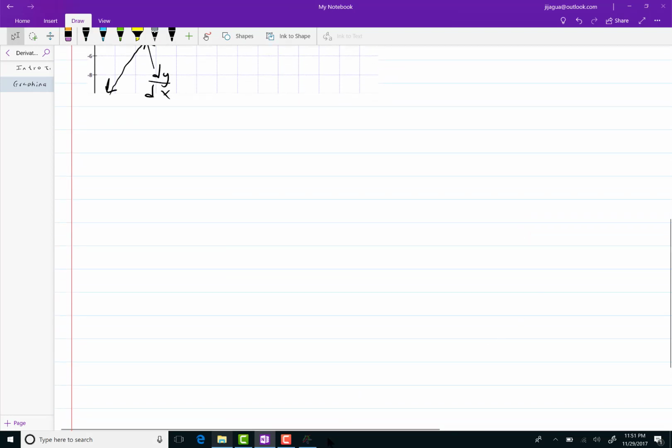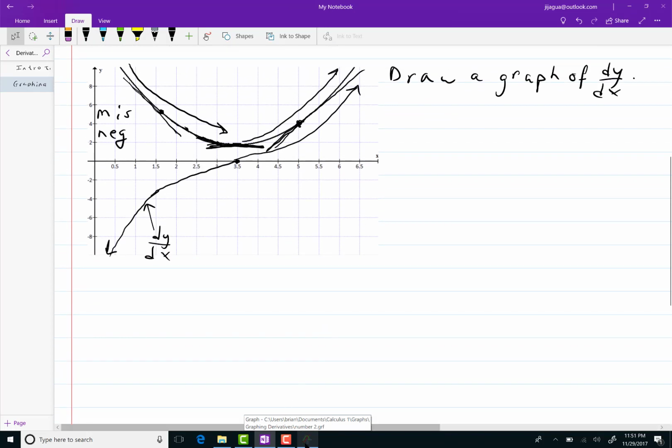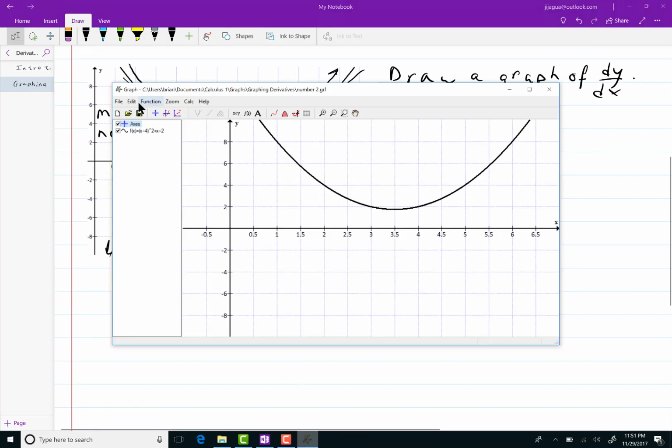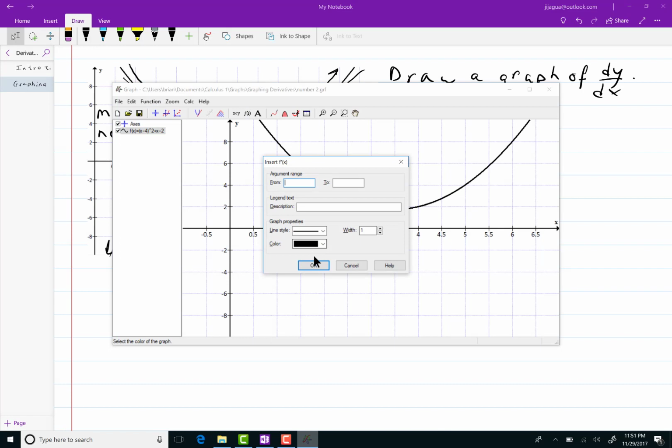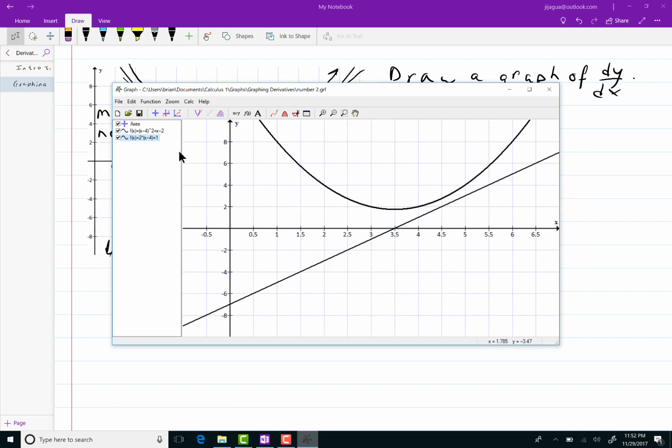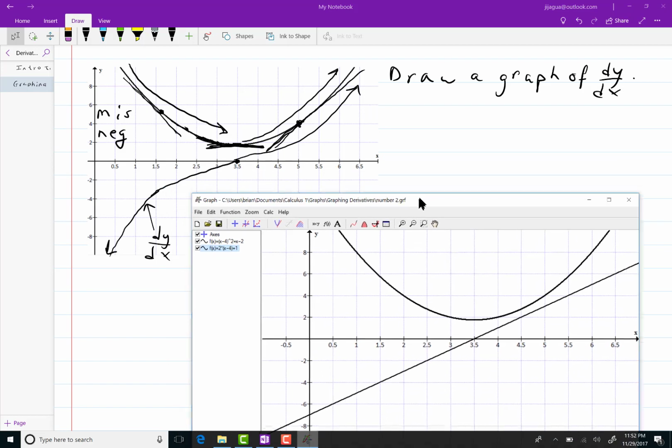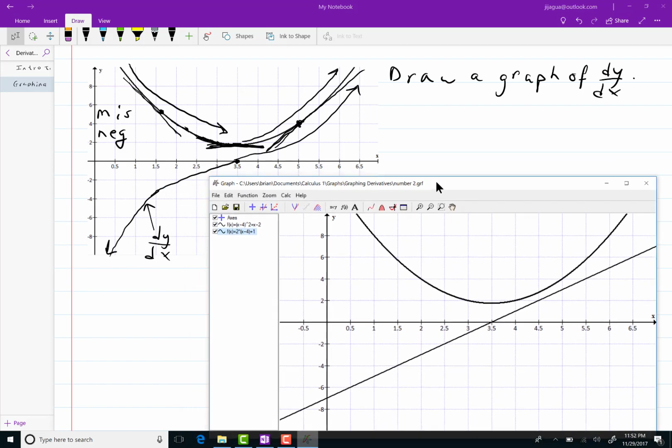All right, let me take this back. Now, I'm going to check ourselves by graphing its derivative and see how close I was. Now, keep in mind, I wanted it to be 2. So let's take a look at mine. Mine was a little curvier, but we both hit at 3.5.